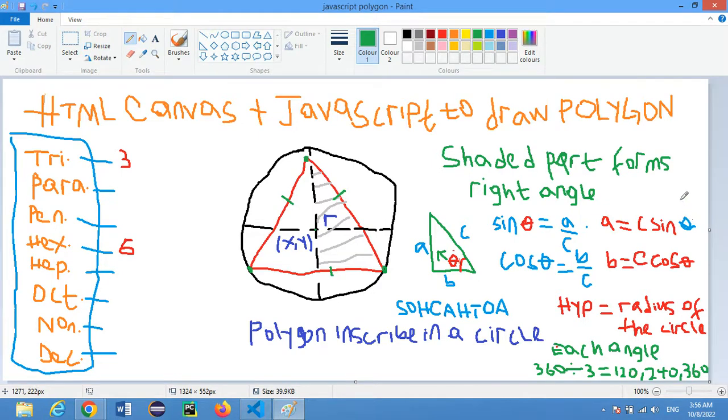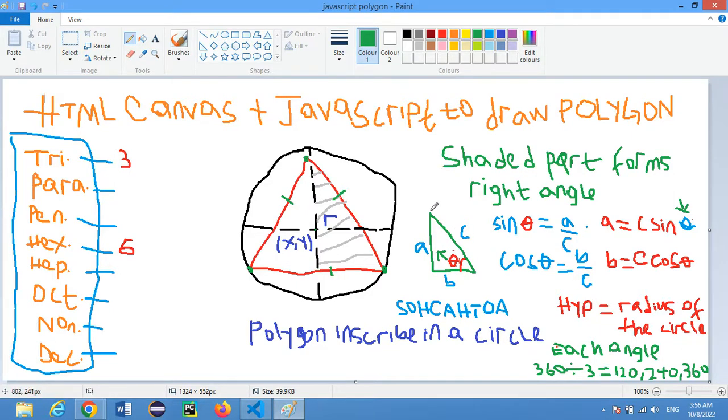Theta here represents the given angle. Then cos theta is obtained by using adjacent over hypotenuse. Adjacent here is B, hypotenuse is C, making B equal to C cos theta.